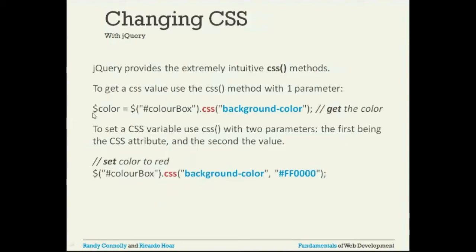Here is the example. Some variable $color is equal to, this is the dollar, inside I have the tag, so whichever tag matches color box. Inside your DOM, whichever element has the ID color box, it will get that particular element's .css background color.